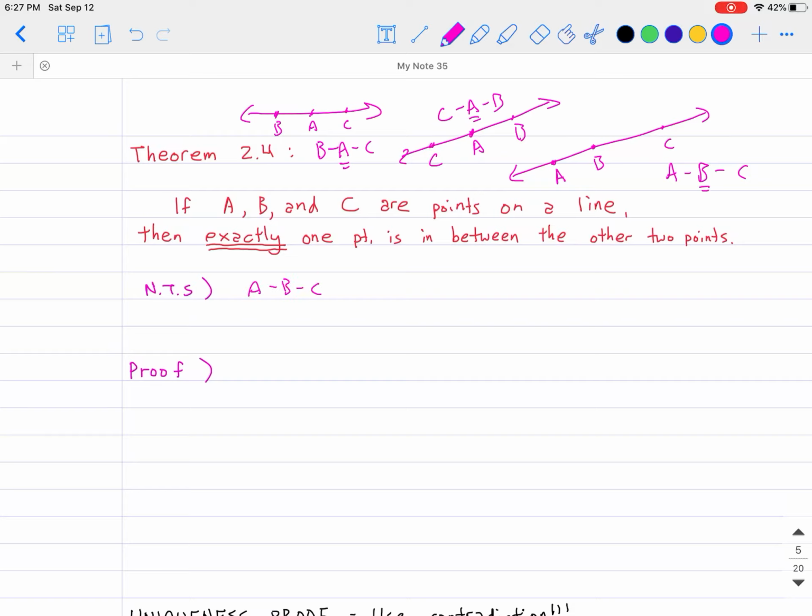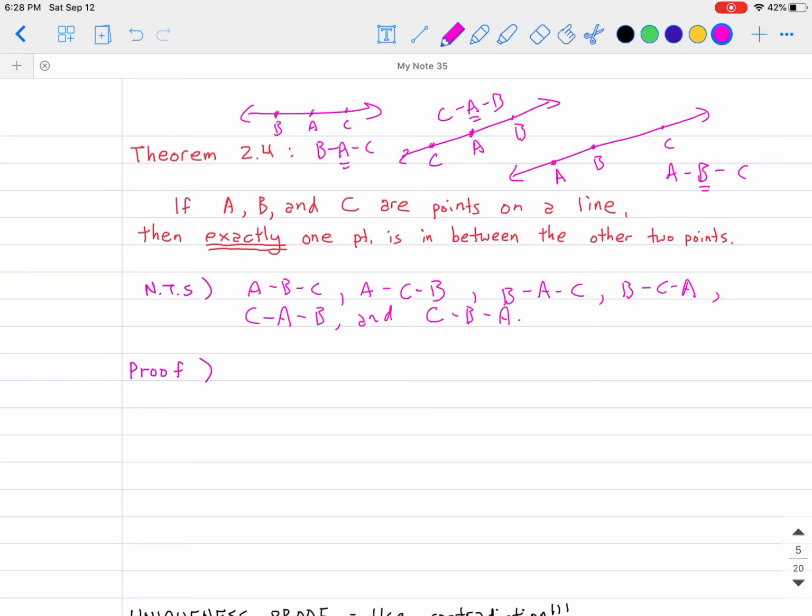So in terms of what I need to show, I guess we can write out all the case scenarios. B is in between A and C. We can also have C is in between B and A. Then we can also have A is in between C and B. We can have, let's see, A is in between C and B. And finally, we can have B that is in between C and A. And wow, that is a lot of things that we need to show.